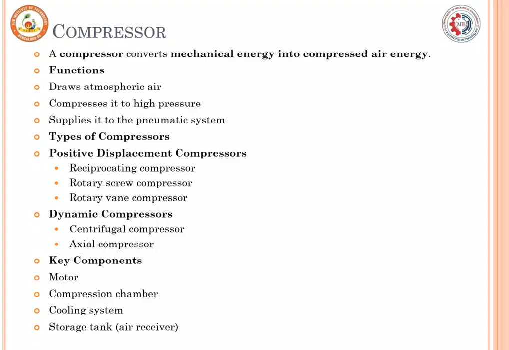Dynamic compressors are centrifugal compressor and axial compressor. The key components used in the different types of compressors are motor, compression chamber, cooling system, and storage tank, where the air receiver will be present.